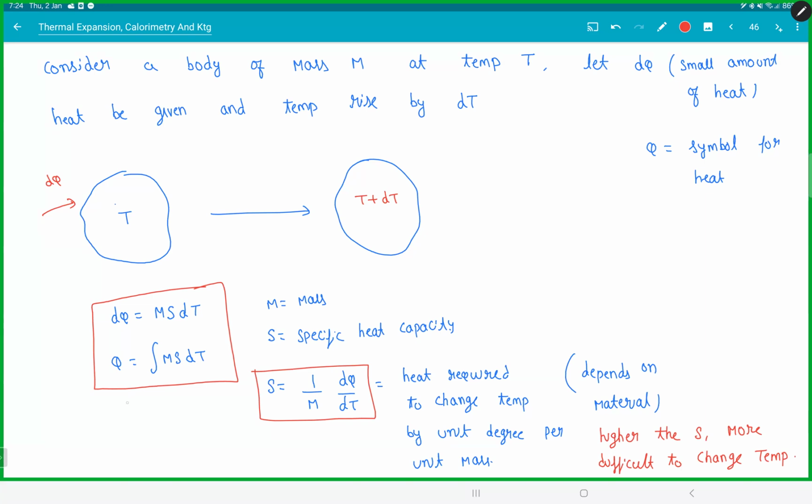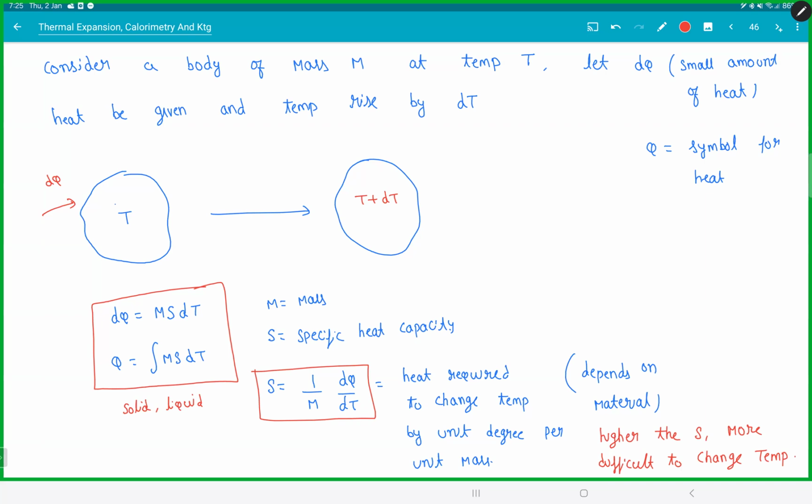We generally use this for solids and liquids. For gases, mass really doesn't make sense. We use moles. That is the meaning of specific heat capacity.